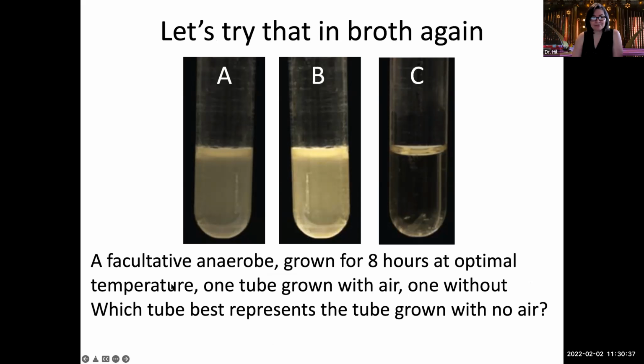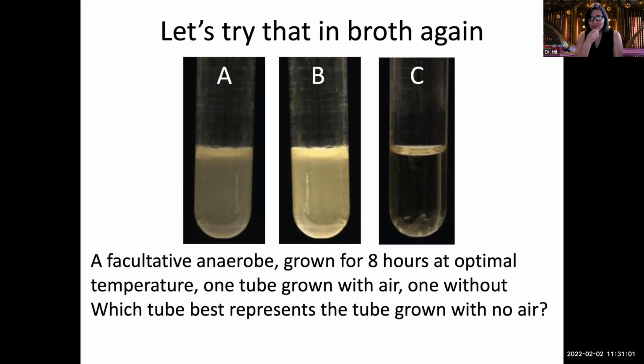Okay. Now let's do another. We're going to use the same pictures, but we're going to propose a different scenario. Let's say we have a facultative anaerobe, and that's the only organism. We put it into two tubes. One will be grown with air and one will be grown with no air. Which of these tubes represents the tube that was grown with no air?